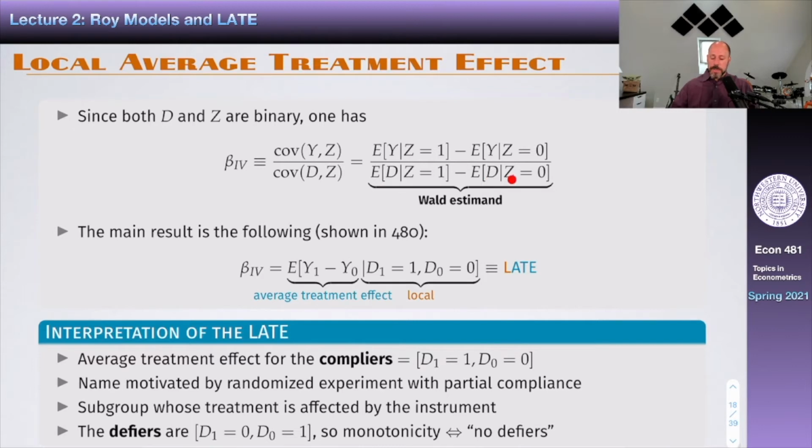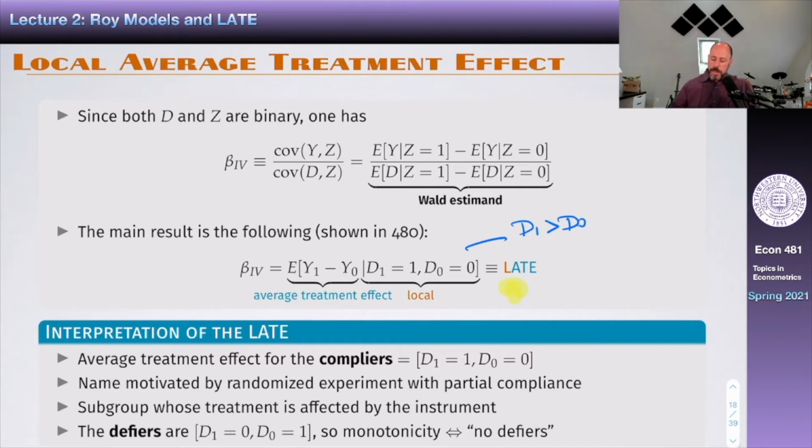And the main result, which again we proved in 480, is that you work out this expression and then you show that it is the average treatment effect conditional on those individuals that have D1 equal to 1 and D0 equal to 0, which you can also write as D1 greater than D0, given that we are in the binary case.